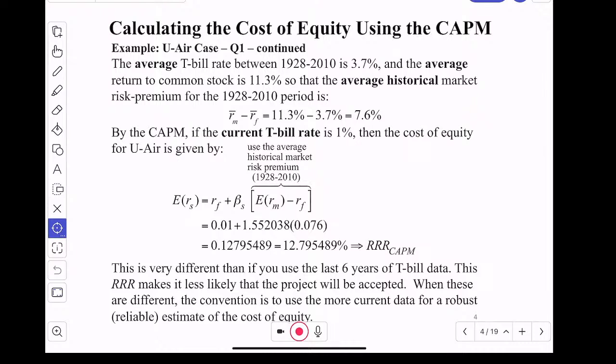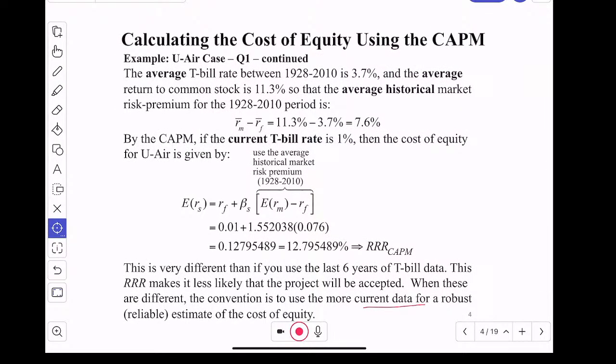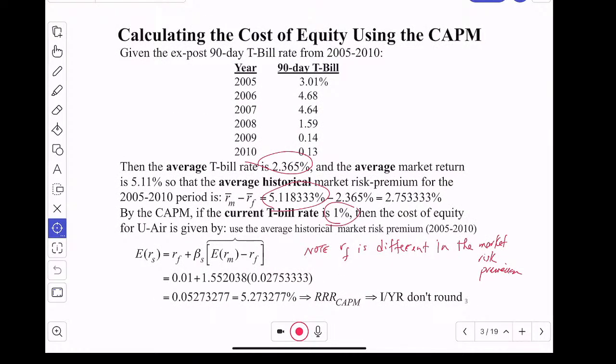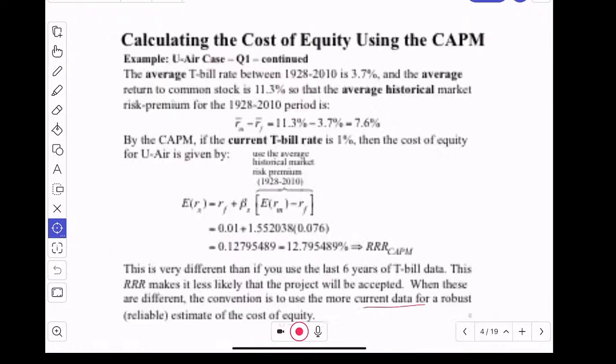So the convention is to use the more current data for more robust, reliable estimates of the cost of equity. Okay, so if you see a difference, use the more current. So even though I'm able to calculate that, I'm going to stick with this one.